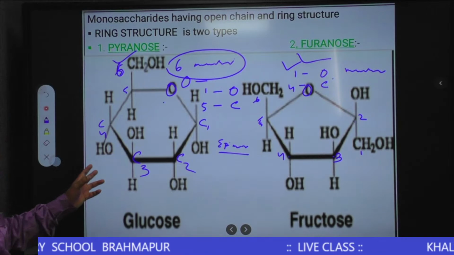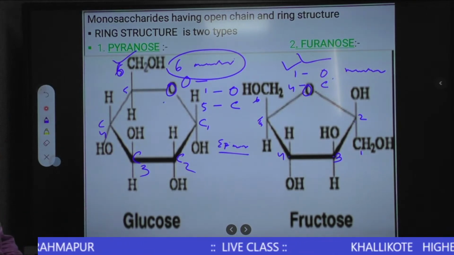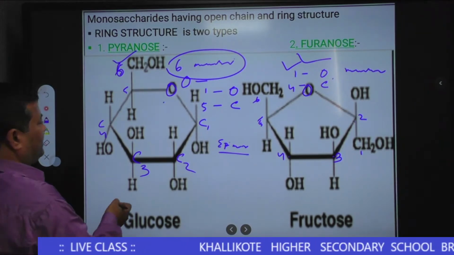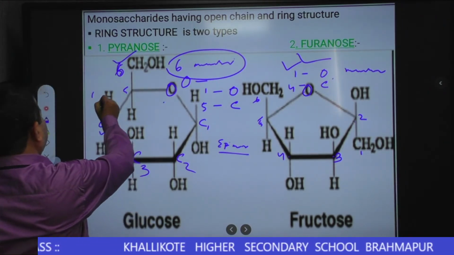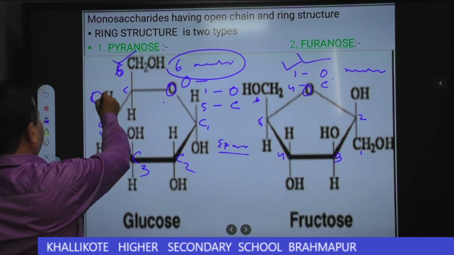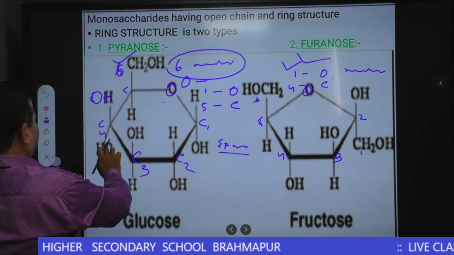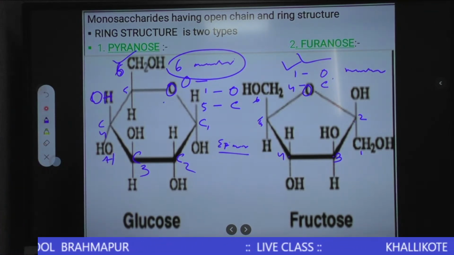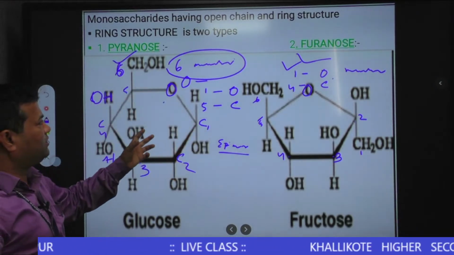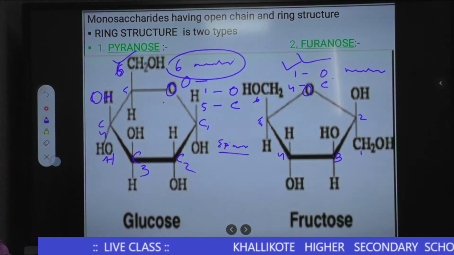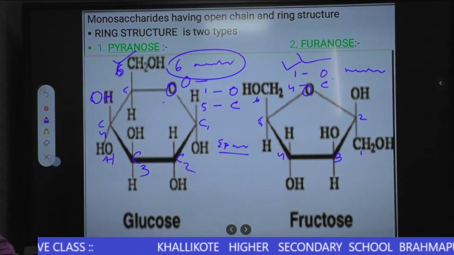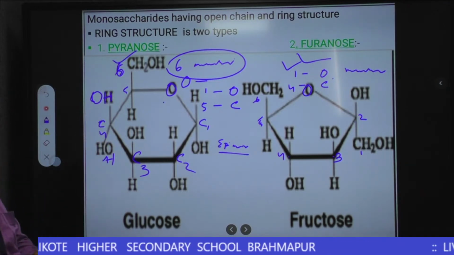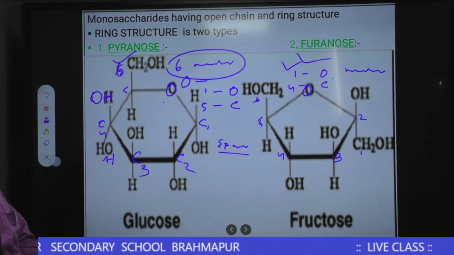We know glucose, galactose and mannose are isomers of each other. In the case of galactose, when the OH group is located on the above position and hydrogen is located on the below position, with all other structures the same as glucose, that is called galactose. You remember, the epimeric position of the fourth carbon atom in galactose is an isomer of glucose.